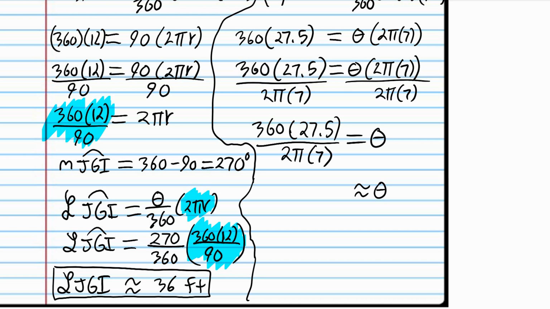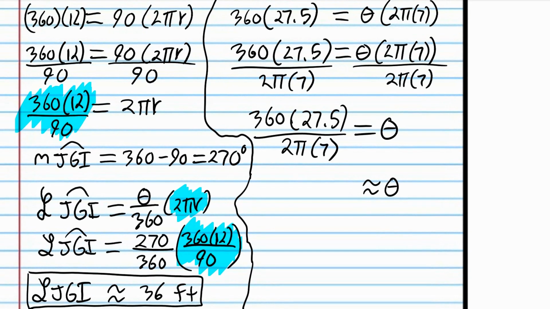So that angle is approximately equal to, let's get our calculator out, 360 times 27.5 equals, divided by 2 equals, divided by pi equals, and then divided by 7 equals 225, and we're going to carry out some extra decimals here. 225.09056.